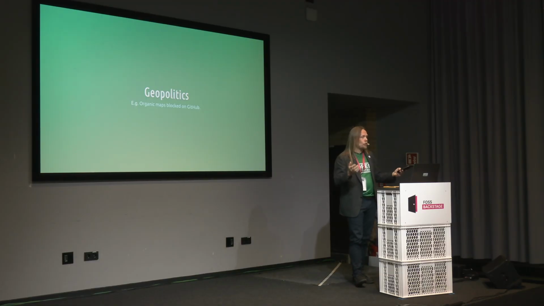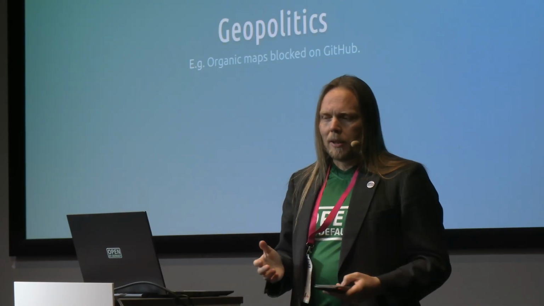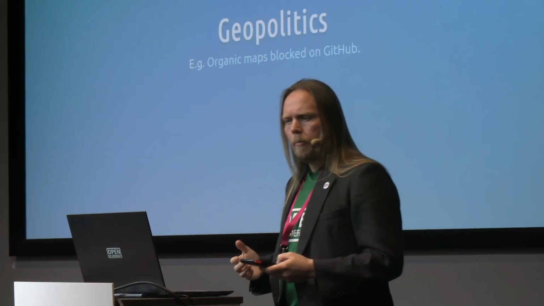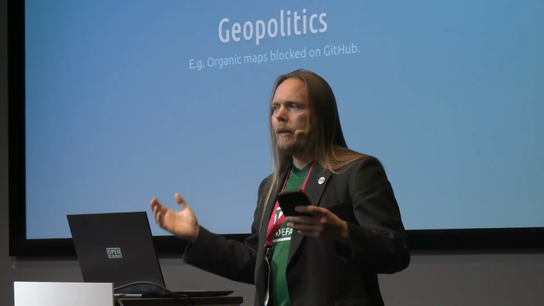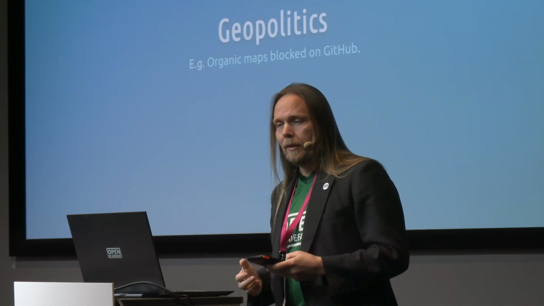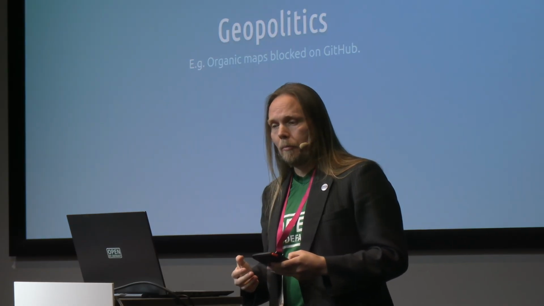So GitHub had no choice. That wasn't them being evil or anything. They just got this from the authorities, that they need to block. Organic Maps, I think, have now moved on to maybe Codeberg. But I don't think this is likely to become any less if you look at the news any day. It seems like it's really, really big.